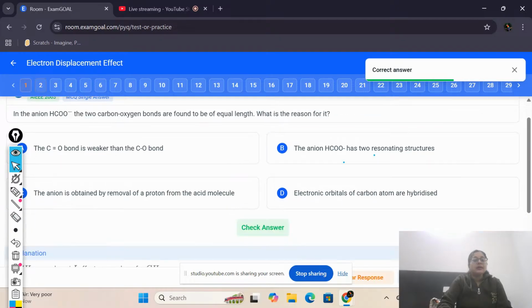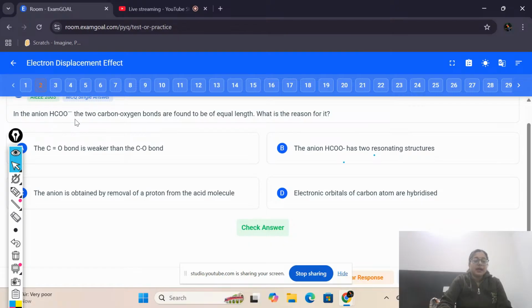Coming to the next: in the anion HCOO negative, the carbon oxygen bonds are found to be of equal length. What is the reason?